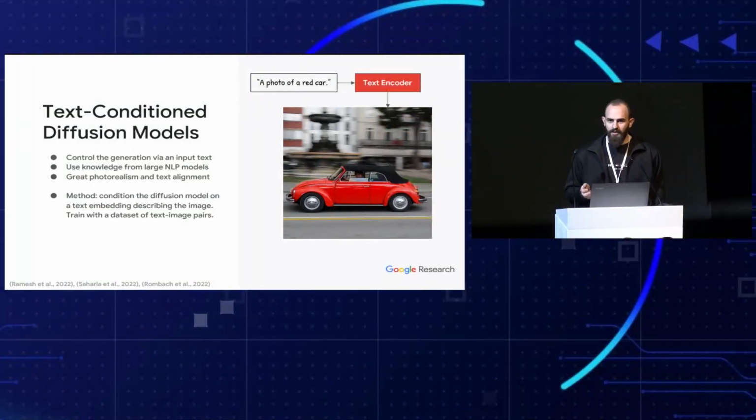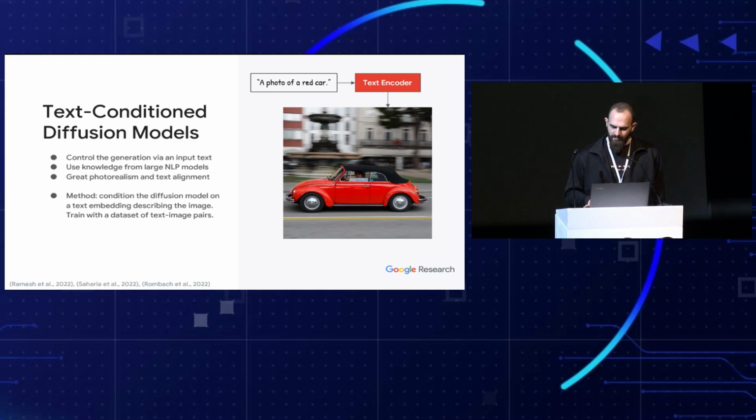So say I want to see a photo of a red car. I can just ask the model to do that. We utilize large language models as text encoders, and we simply condition our diffusion model on this text embedding in order to get a generation that gives us what we want, a photo of a red car. These models are also trained in a simple denoising reconstruction fashion, only this time we need a data set of text-image pairs to train them.